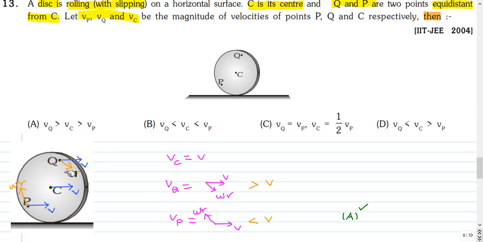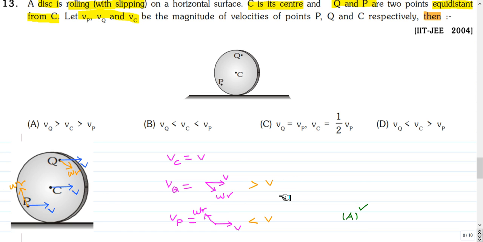The direction of omega r, the angular velocity contribution, will be tangential to the circle. So it will be in this direction at point Q and in this direction at point P, and at point C, r is 0, so omega r is 0. The velocity of point C is v and the velocity at point Q is the sum of these two vectors, which makes an acute angle, and it is greater than v because it's v plus something.